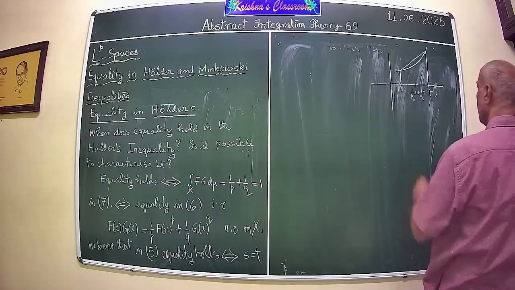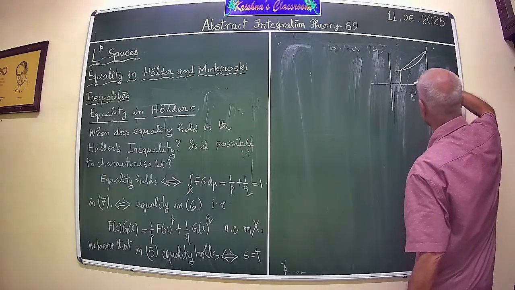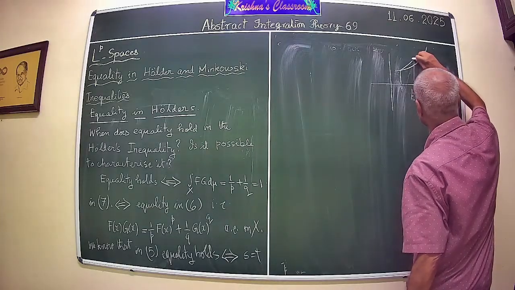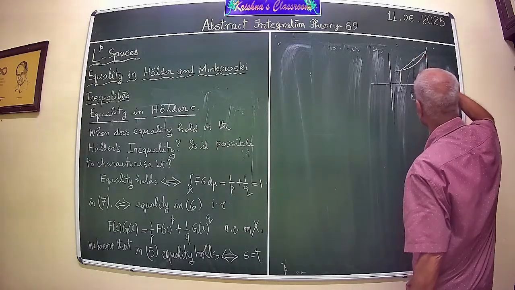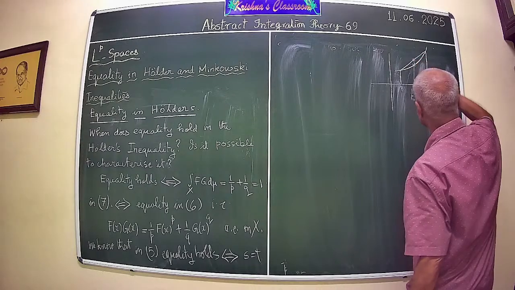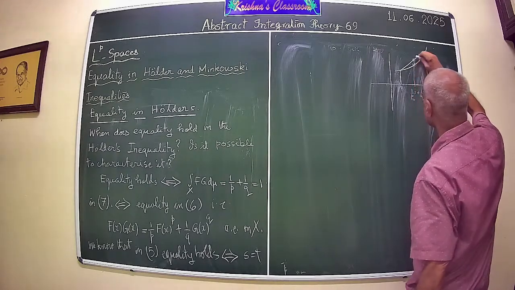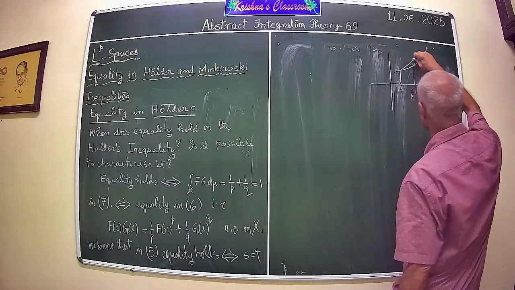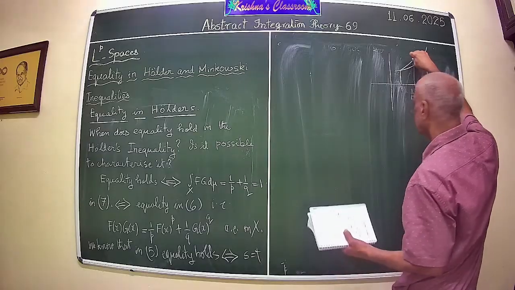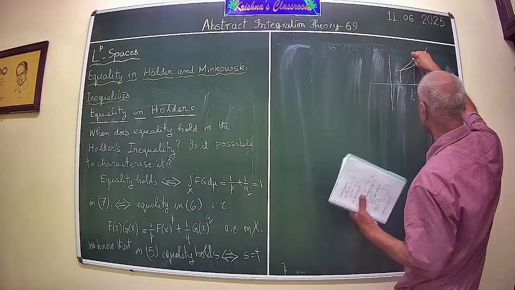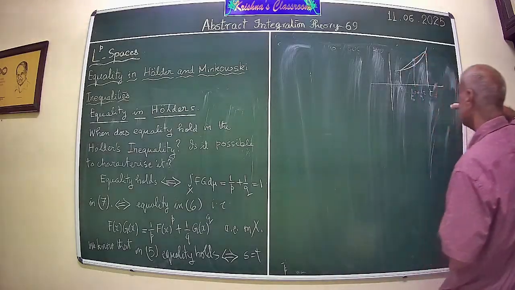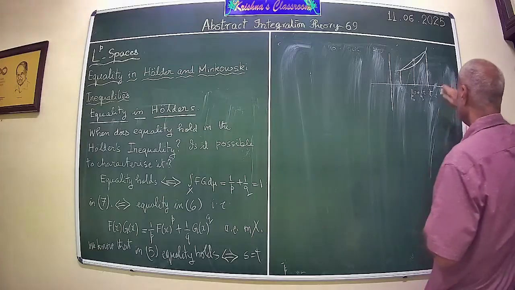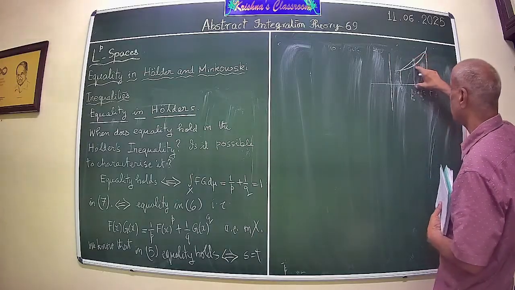Okay, you have equality. See, the problem is this. The exponential at this point is this height, and this is less than 1 by p s plus 1 by q t. But when are these two equal?